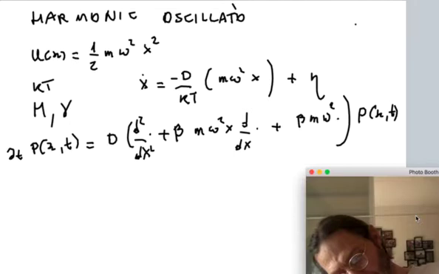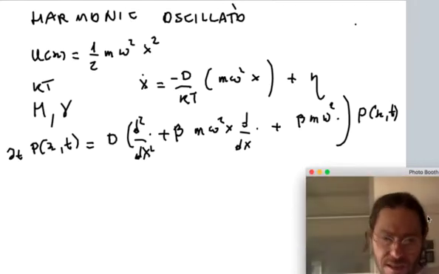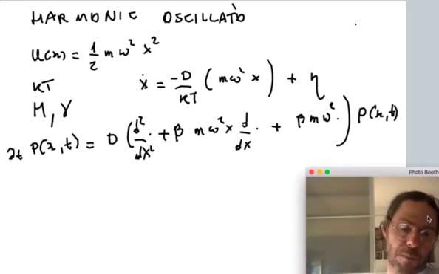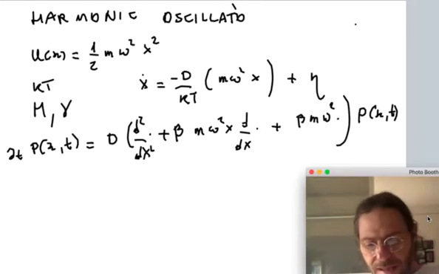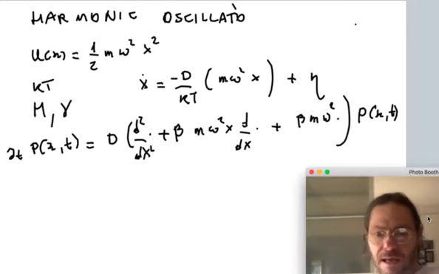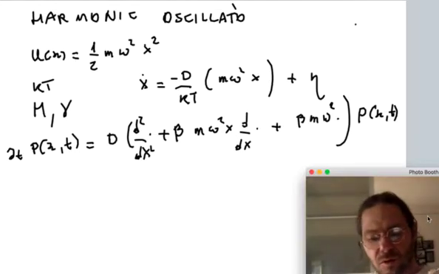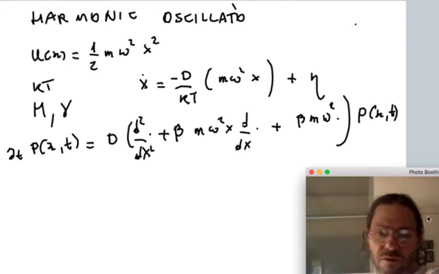So the question we ask ourselves now to begin with is, how long does it take a particle in a harmonic oscillator to equilibrate? How long does a harmonic oscillator driven initially out of equilibrium take to reach the Boltzmann distribution? Well, luckily this is a problem one can solve exactly. You can either try to find the eigenvalues of these operators and solve this partial differential equation, which is of course possible.